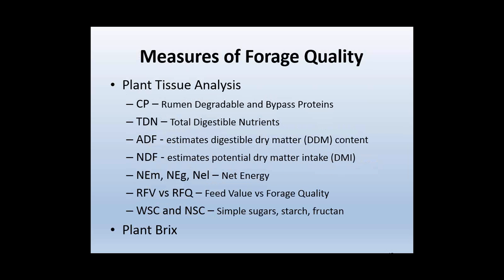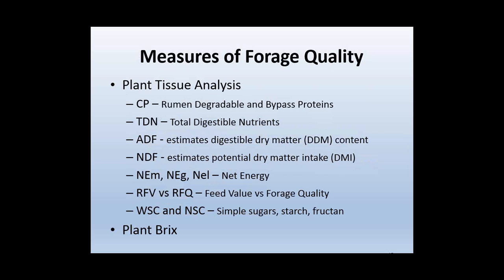We can look at relative forage quality, and if you're measuring forages, I recommend using RFQ over relative feed value, or RFV. It's going to give you a much more accurate measure of what that forage is going to be able to do in terms of meeting the nutritive demands of the animal.